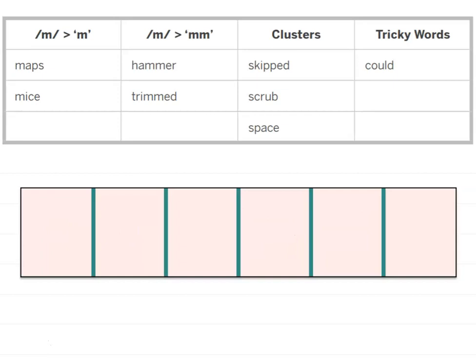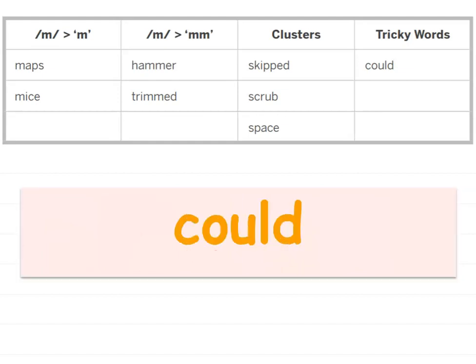The next word is scrub. Scrub. The next word, space. The letter C is representing the s sound in this word. And lastly, we have tricky word could. C-O-U-L-D.